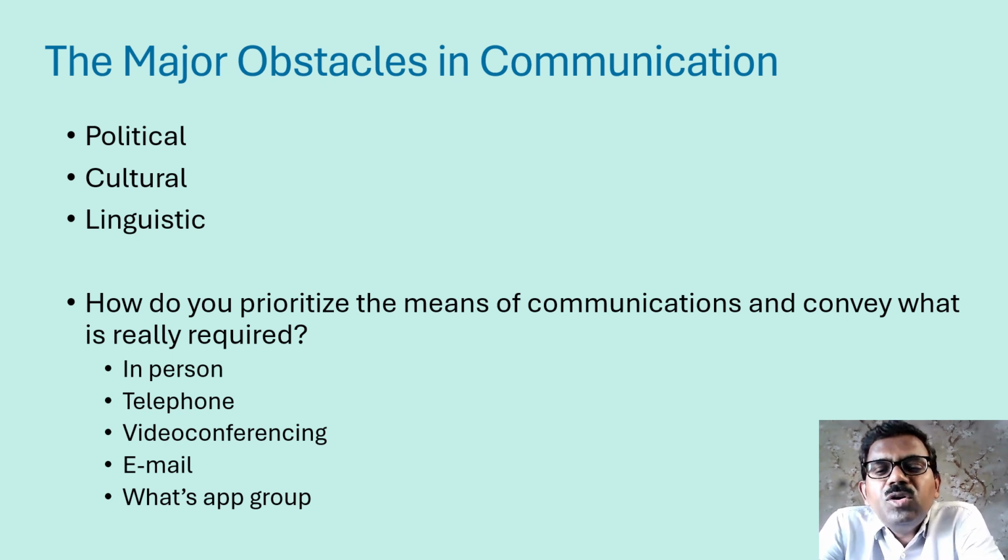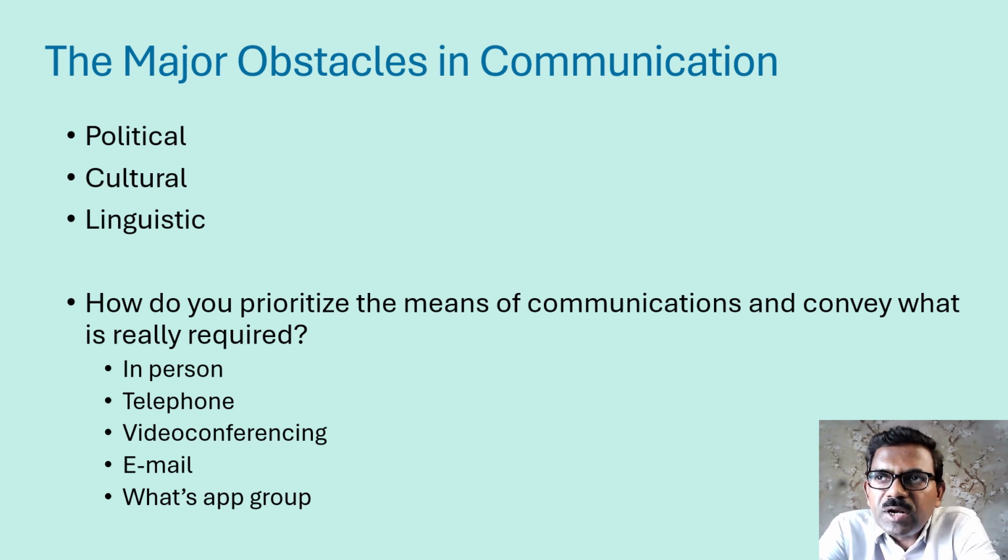Nowadays, how do you prioritize the means of communication and convey what is really required? These are some bullet points to prioritize. First of all, in person, then means of communication: telephony, video conferencing, email, WhatsApp group. You have to define and prioritize. First, you will try to communicate in person, directly, physically, one to one.